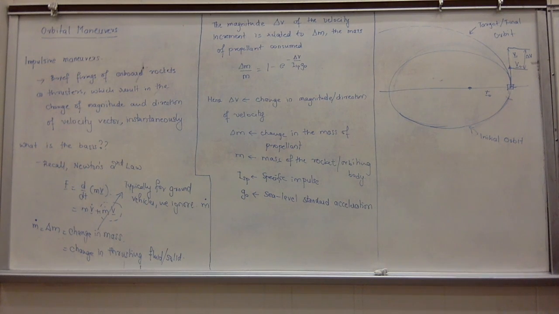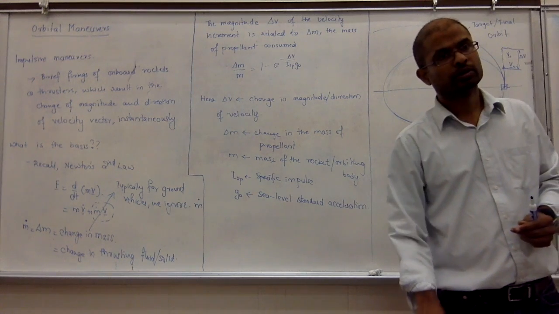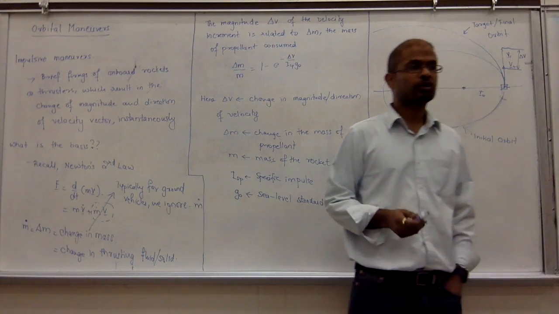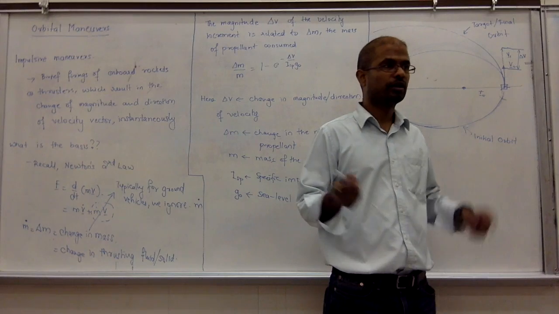What happens if I fire like in this? It will go into a smaller orbit. It always follows Kepler's third law. If this distance changes, the orbit period is proportional to the semi-major axis, or the distance.